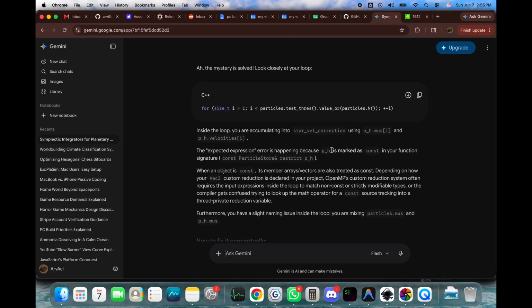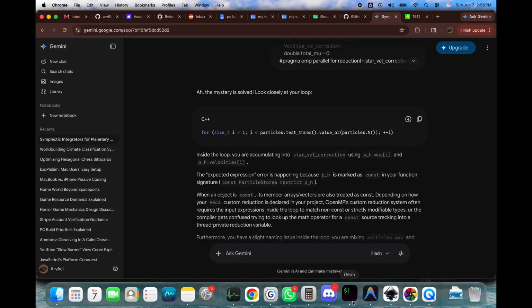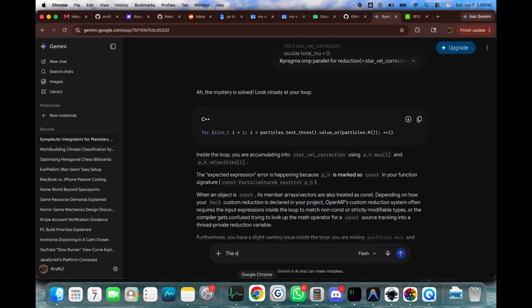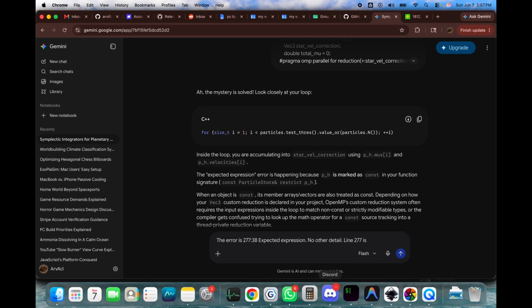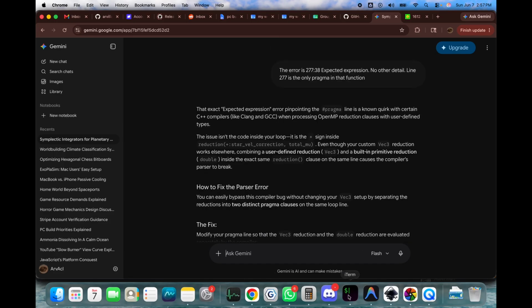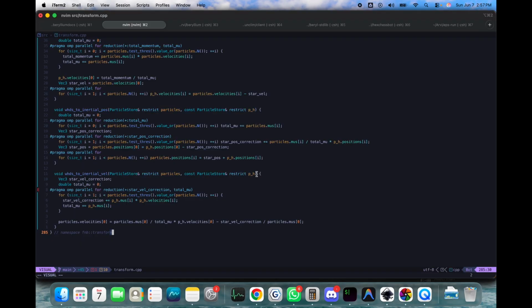The expected expression happened with ph and work constant in function signature. The error is 277.38, expected expression, no other detail. Line 22277 is the only pragma in that function. That's a weird thing.